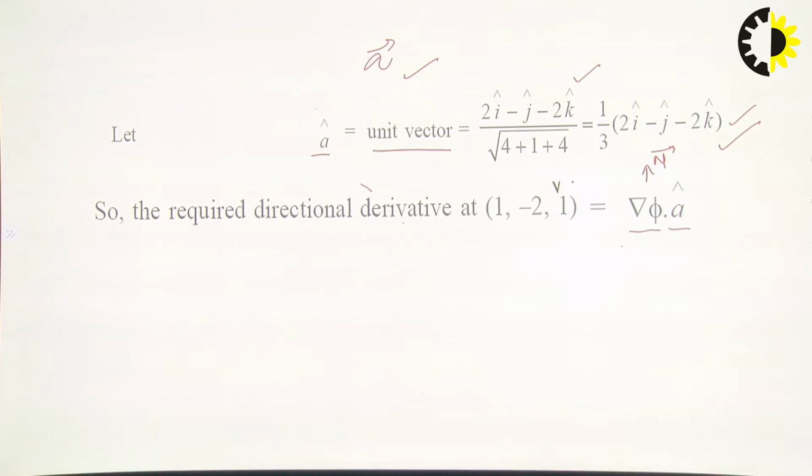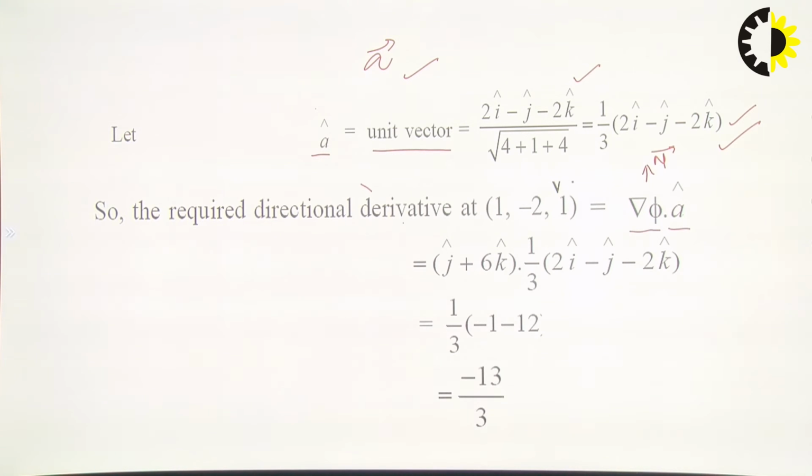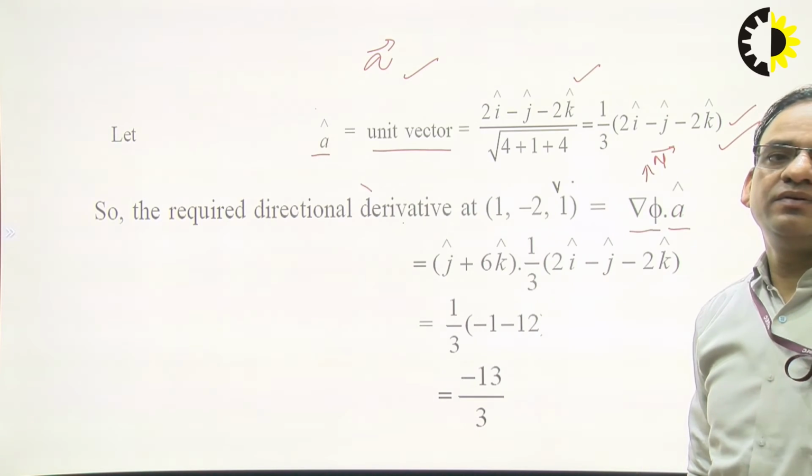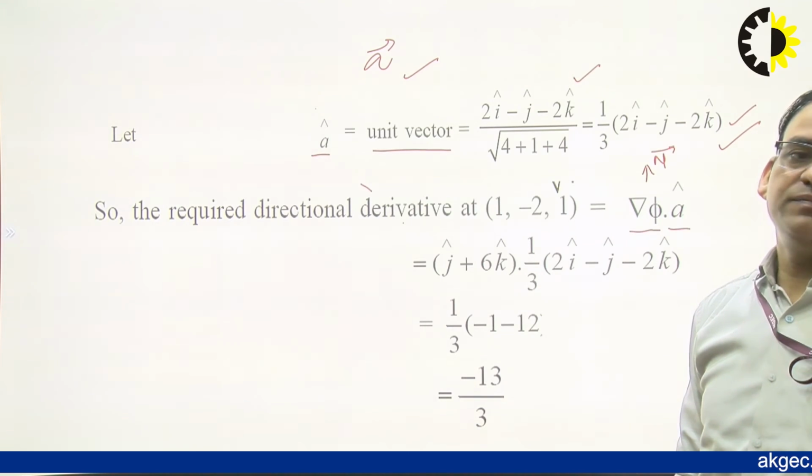Now taking the dot product of these two, you will get the result like this, and finally solving, we will get minus 13 upon 3. Minus 13 upon 3 is the directional derivative at the given point for the given surface phi.